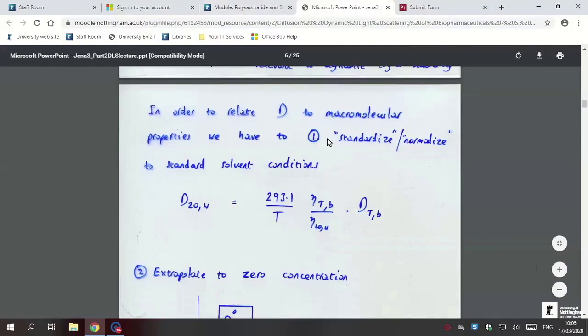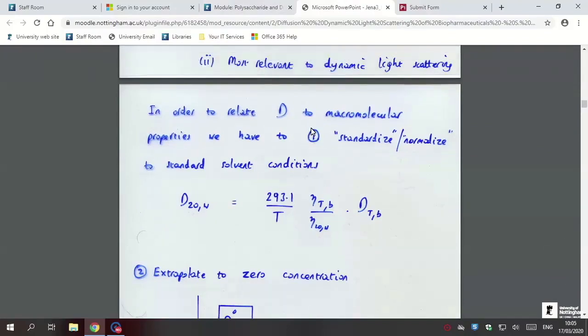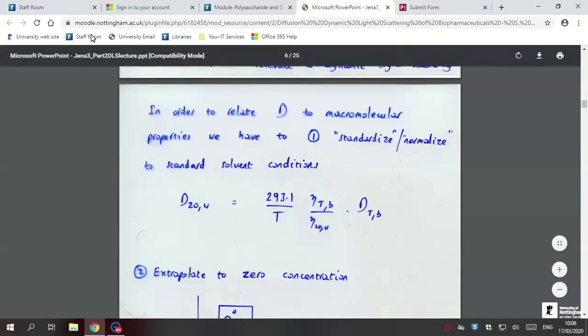Now the diffusion coefficient which we measure will depend on the solvent in which your molecule is in. So if it's in a thick, viscous liquid, obviously it will move slower compared to just water. So what we do is we make our diffusion coefficient measurement with whatever solvent we are working in, and then we standardize, normalize to standard solvent conditions, like we did with the sedimentation coefficient, remember?